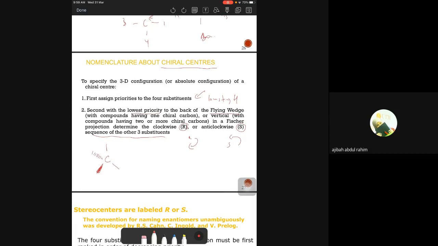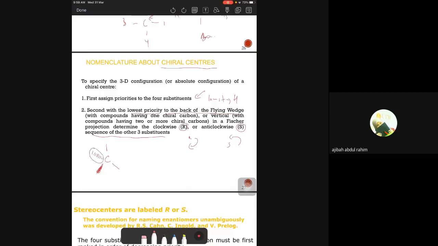So by having the word here, the lowest priority goes to the back of the flying wedge, which is this one, or the wedge dash, the lowest priority is this one, which is to the back. So whatever substituent that you have having lowest priority, let's say hydrogen, you always put it on the dotted wedge position, which is this one.